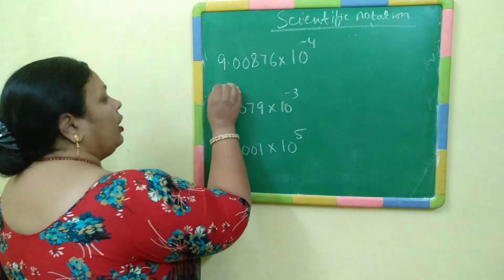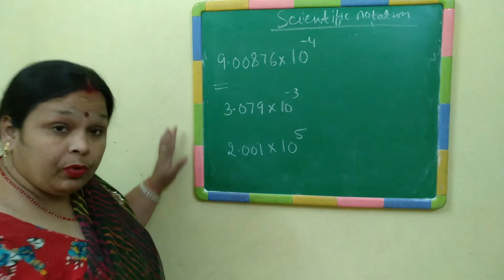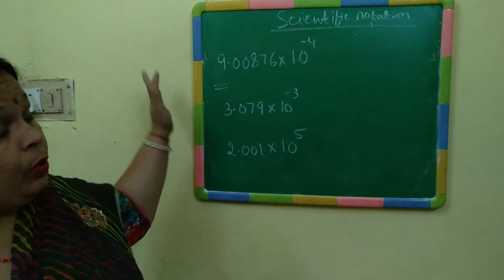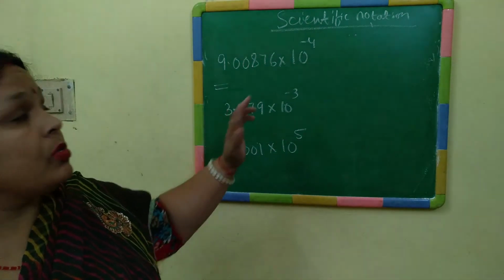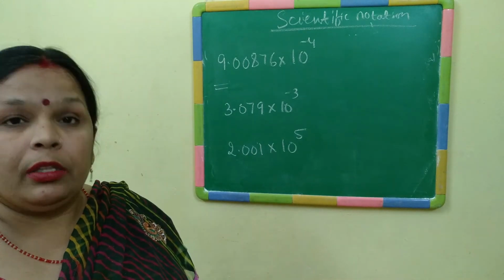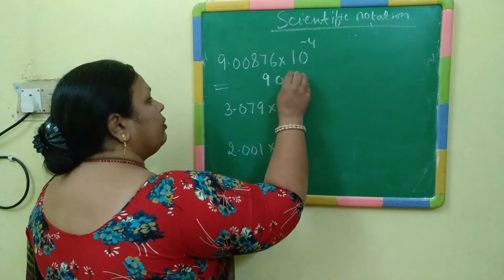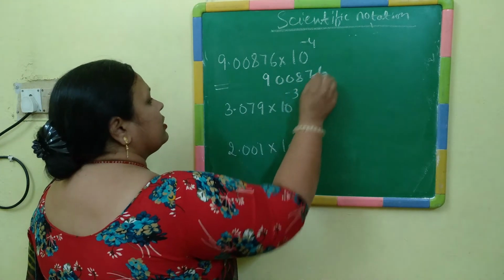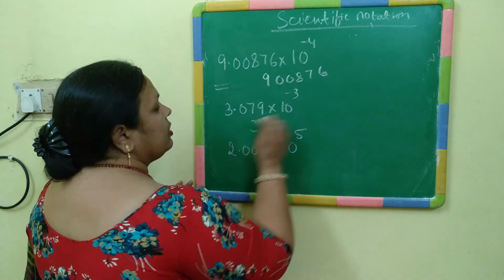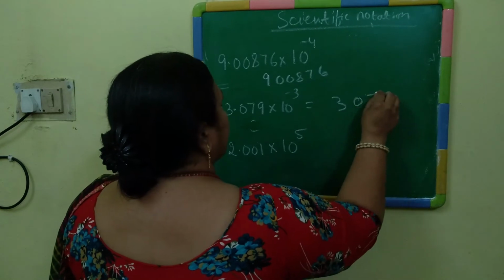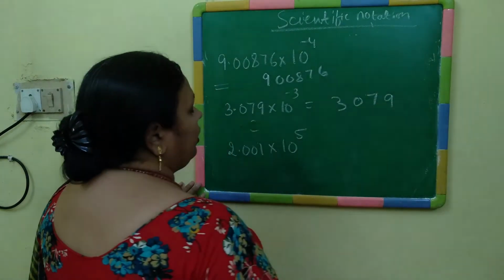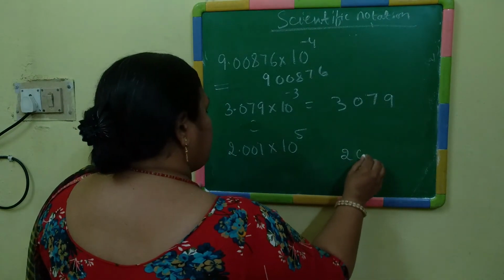Here we need not follow the rules used earlier; we just look at the power and put in the zeros. You can write the first as 900,876, the second number as 3079, and this one as 2001.